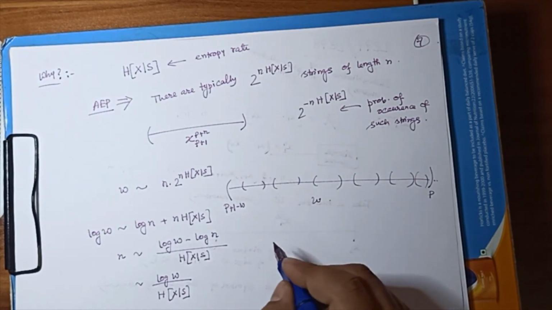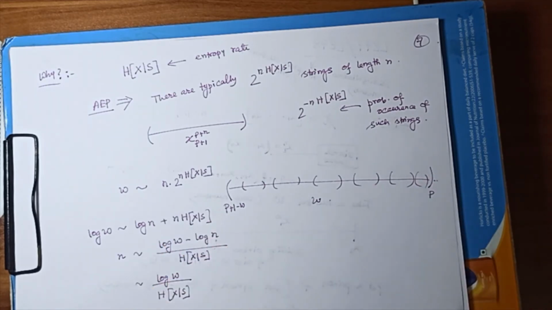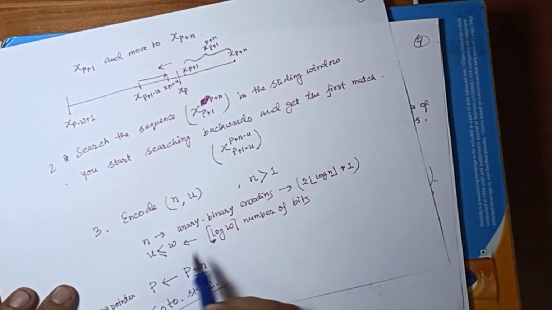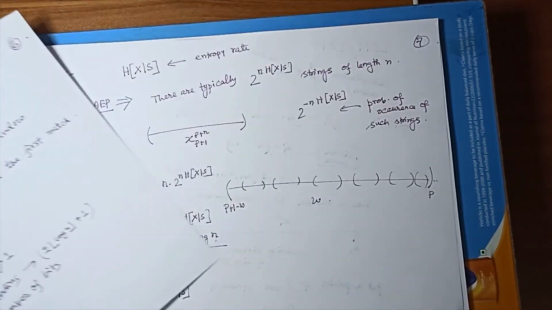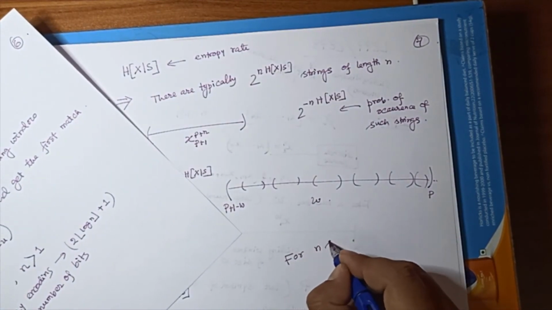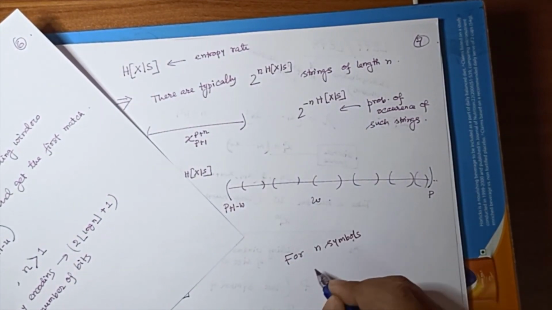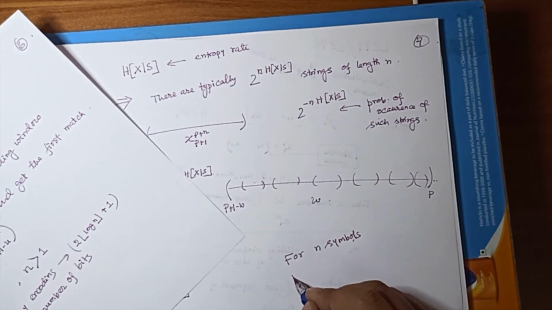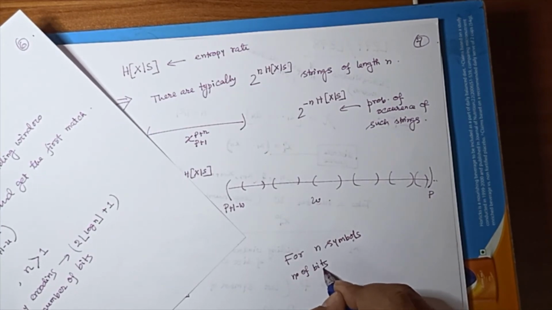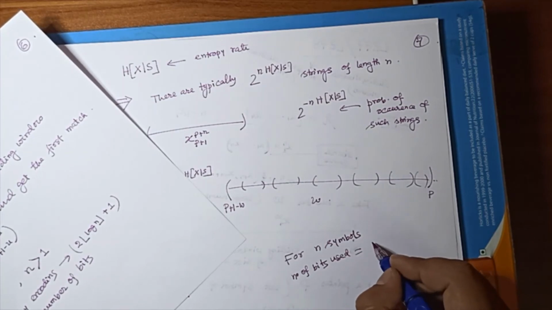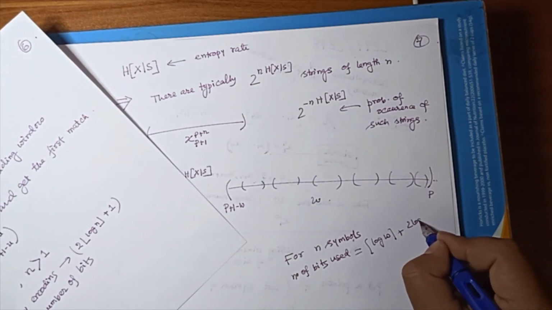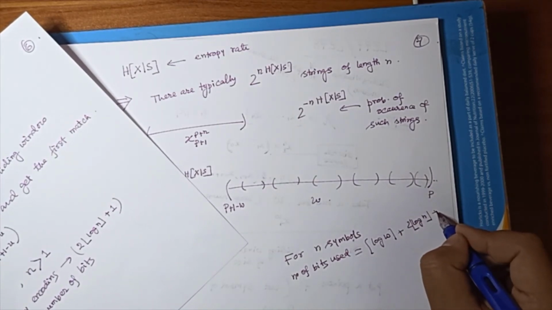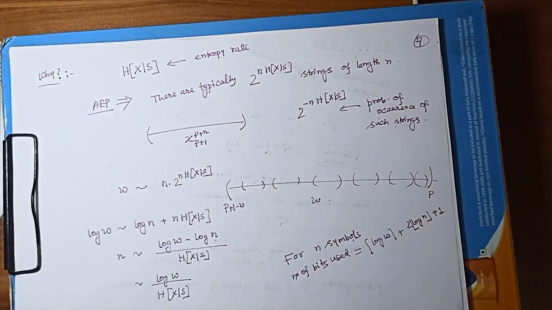Then for n symbols, how many bits are you using? You are using 2 log n plus 1 plus log w. So for n symbols, the number of bits used is log w plus 2 log n plus 1. So what is the asymptotic bit rate, bits per symbol?